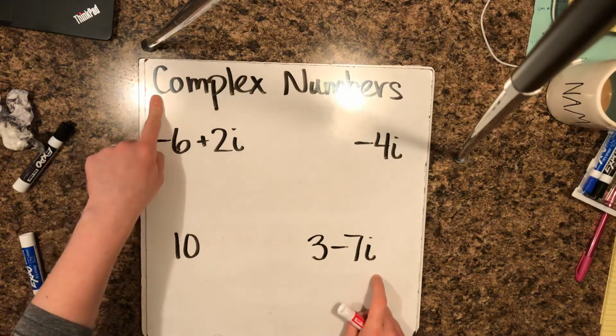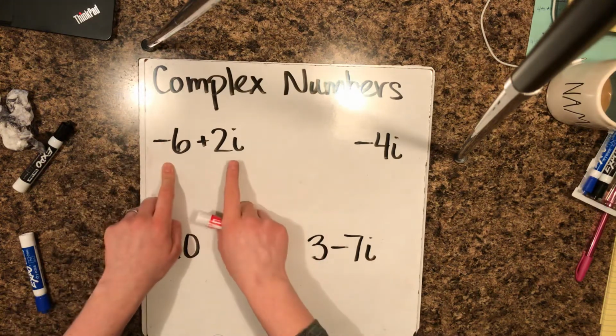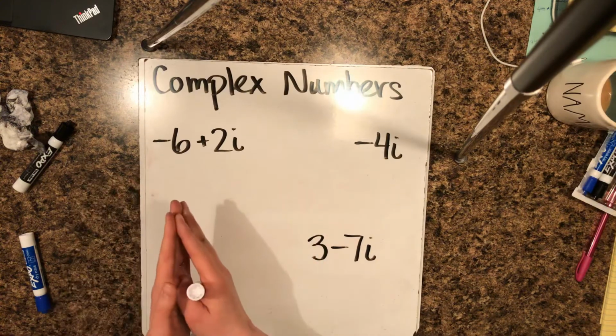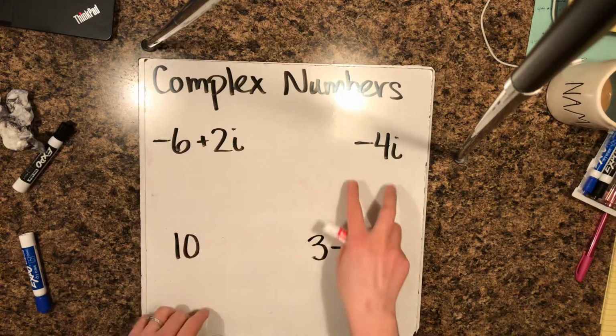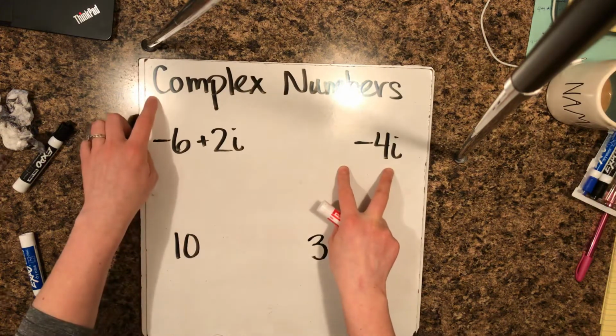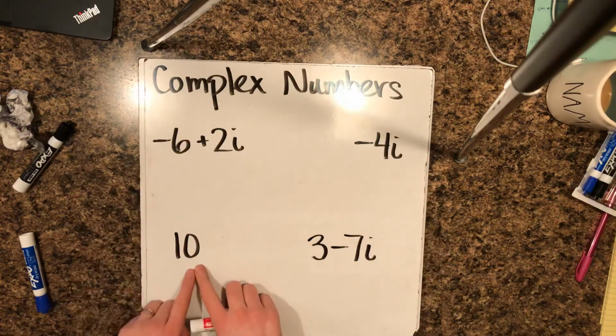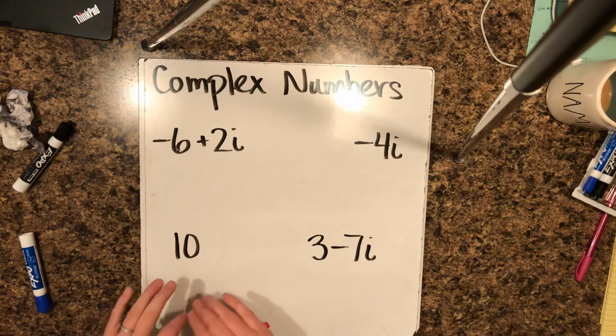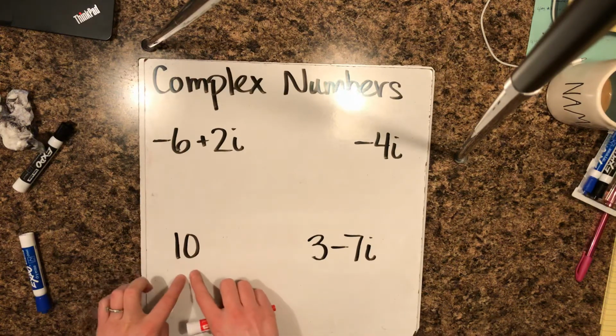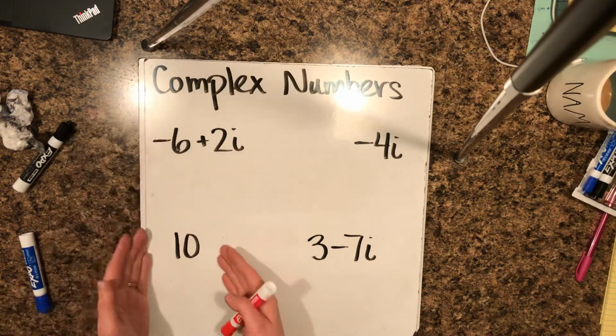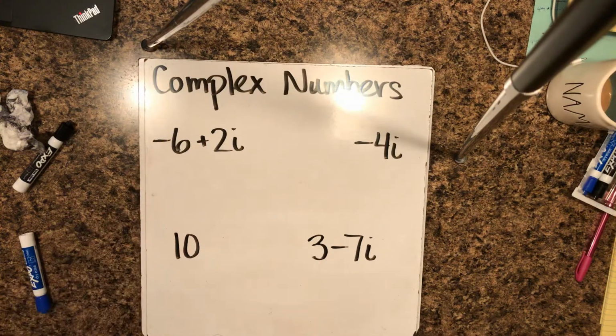So remember, a complex number is just a real and an imaginary put together in one expression. Even something like this can be considered complex. You could also just call that a pure imaginary. This, a counting number that we've seen for so long in our lives, is also considered a complex number, even though we know it's just a real number as well.